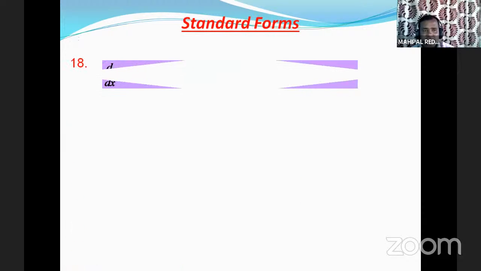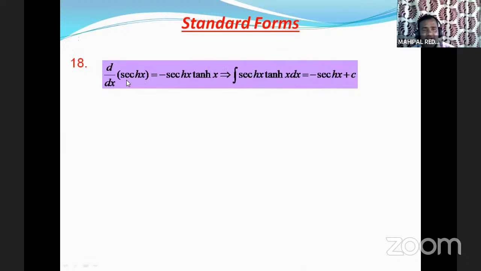Some more standard forms. Now 18th one, the derivative of sech x equals minus sech x into tanh x. It implies the integration of sech x into tanh x equals minus sech x plus c.